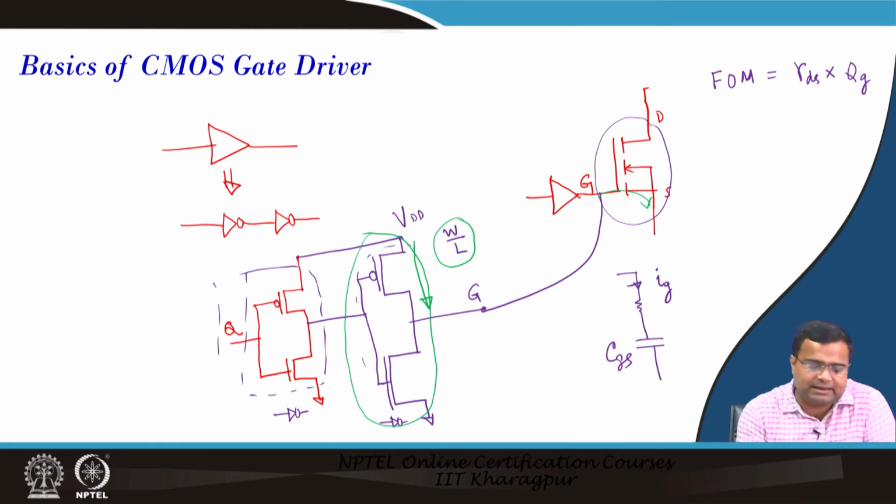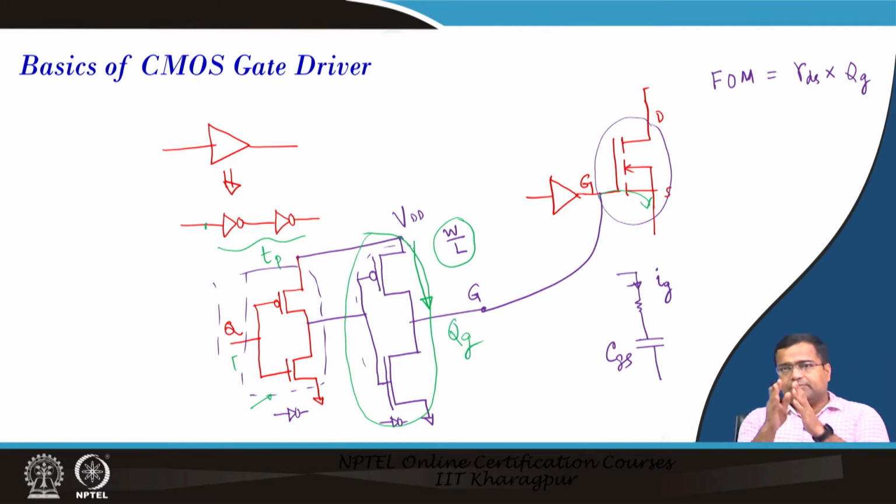Because it is CMOS technology, the first stage will invert and then the second will invert again. Naturally, this back to back process will also have some propagation delay. If you see the actual gate signal Q, and what comes out to QG, there will be a slight delay because of the back to back inverters.